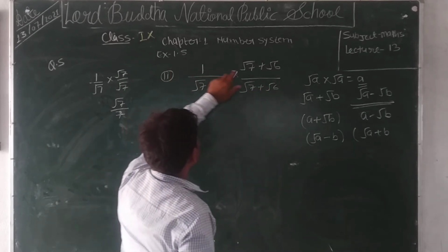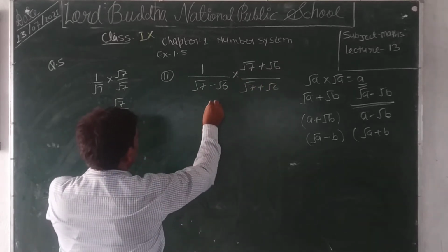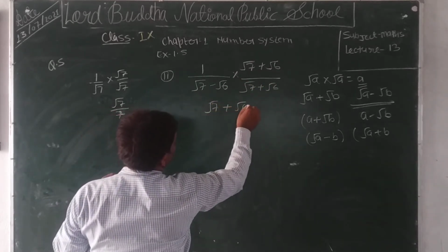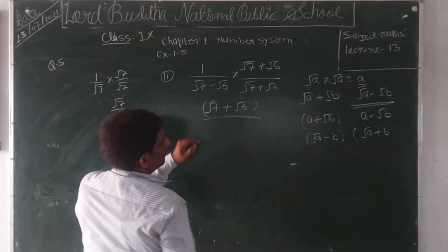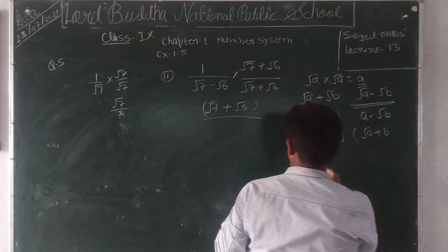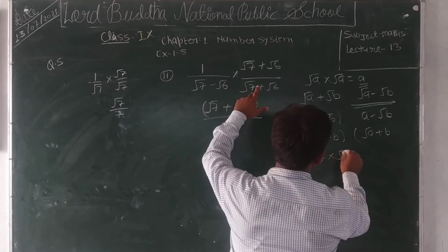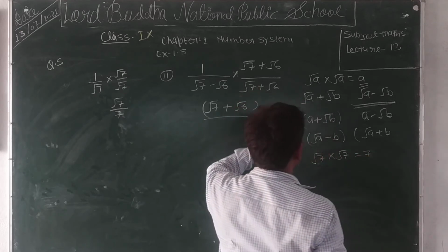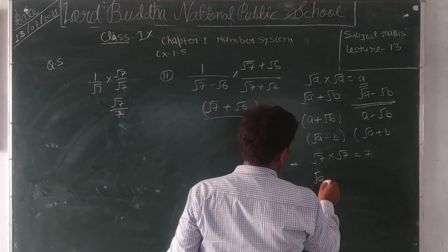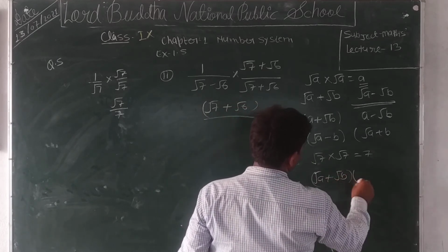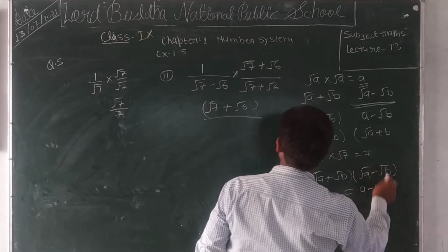Clear? When we multiply by 1, then the value will not change. Means root 7 plus root 6 upon root 7 plus root 6. Root 7 into root 7 means 7. And as I discussed to you, the product of root a plus root b and root a minus root b is a minus b.